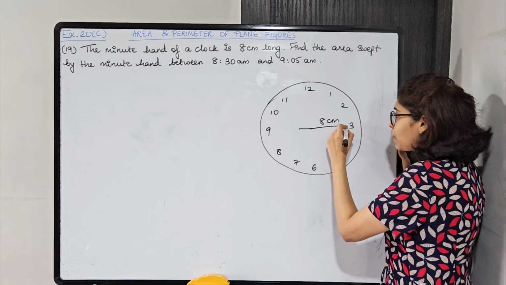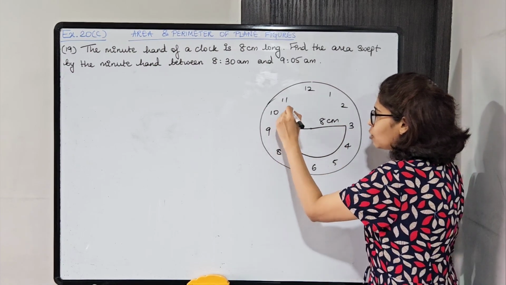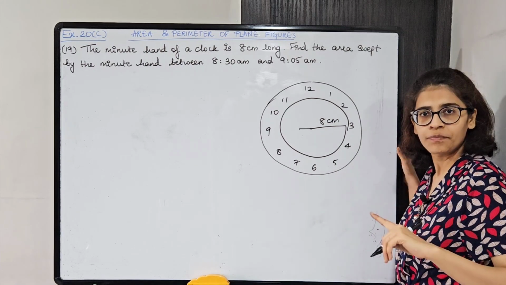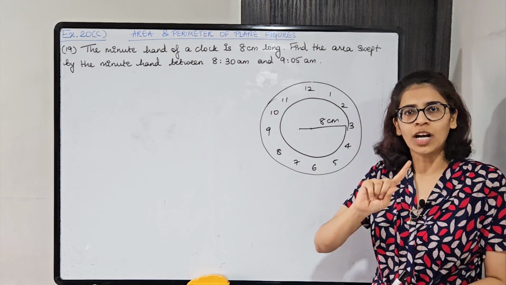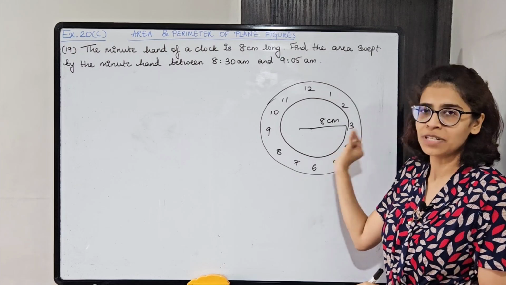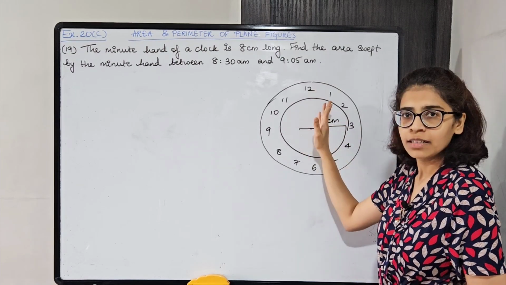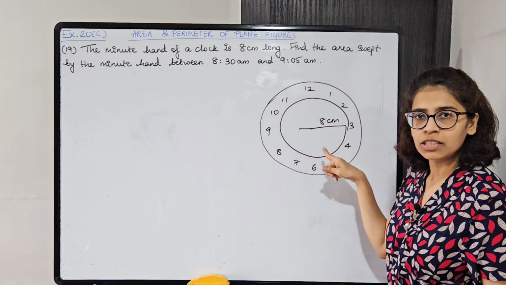So it is completing one whole circle in 1 hour. 8:15 and 9:15 will be 1 hour. Okay, that is 60 minutes. In 60 minutes, the minute hand covers the entire circle.